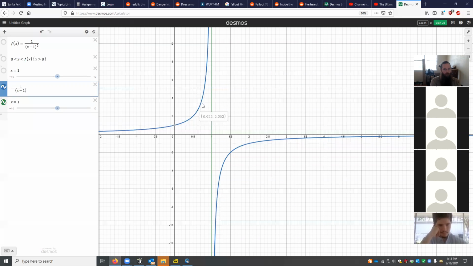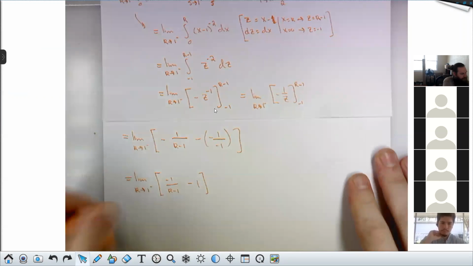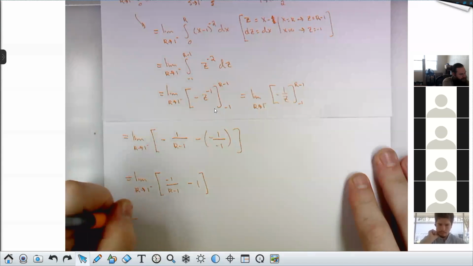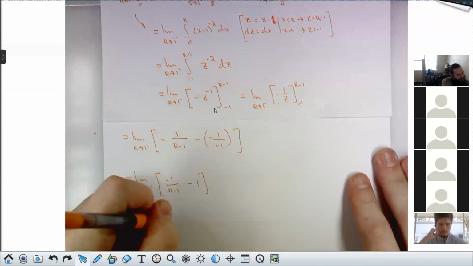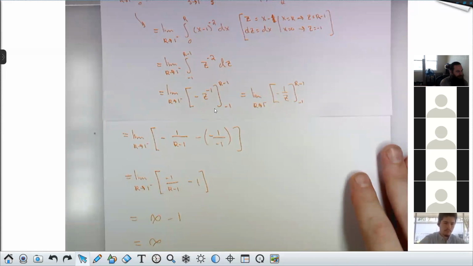So as x goes to 1 from the left, negative 1 over x minus 1 is going to plus infinity. So this is positive infinity minus 1, which is still positive infinity.